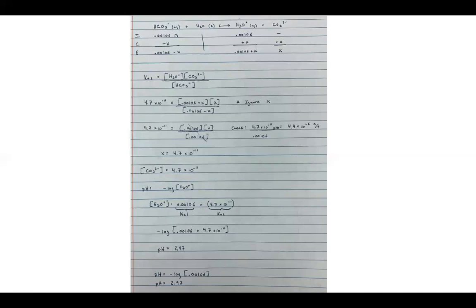But if you're ever running out of time, especially on a multiple choice exam, and they ask you for the concentration of carbonate or the conjugate base of your second equilibrium, I don't think I have ever seen a problem where it does not equal your Ka2. And the reason for that is that your concentration of hydronium and that acid, I've always seen that they're the same value and cancel.